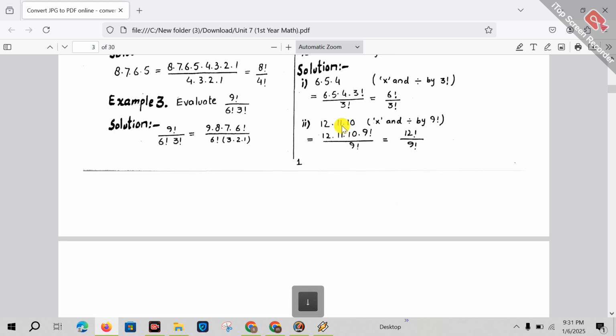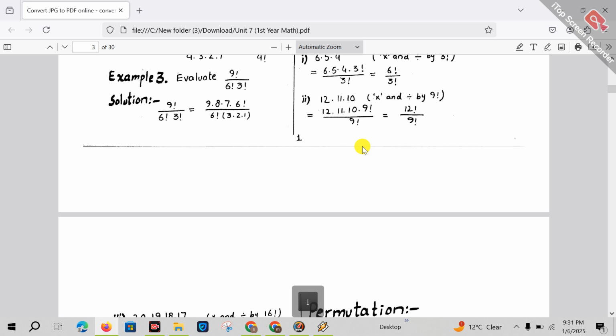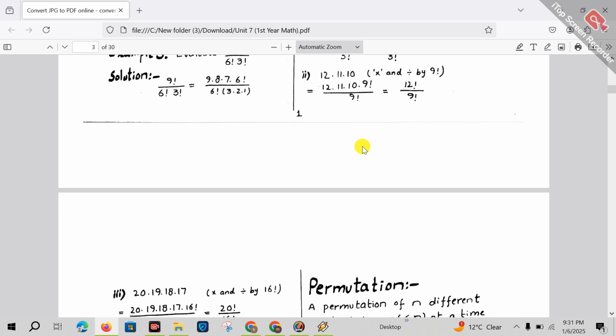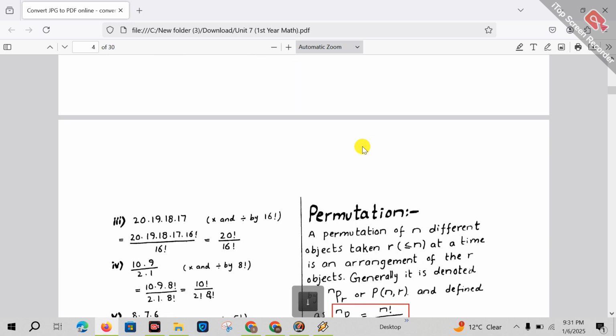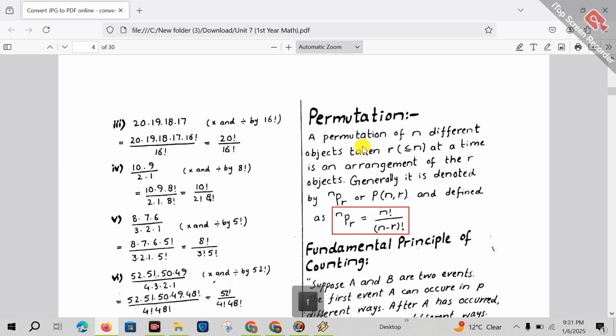Next is the question with 12 factorial, 11 factorial, 10 factorial, and then 12 factorial, 11 factorial, 10 factorial, 9 factorial. This is very easy, dear friends. You can solve these questions. Similarly, here is the third part. This is also very easy. You can see that we can multiply and divide this by 16 factorial.